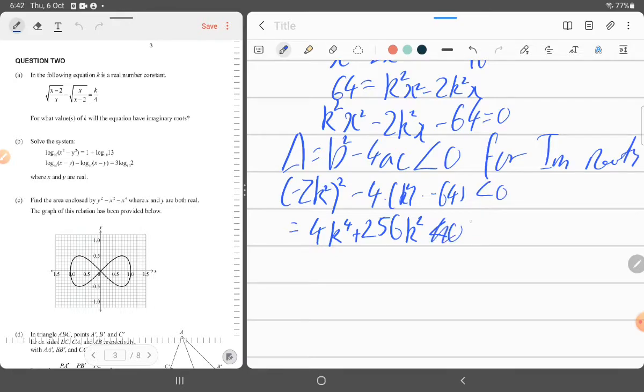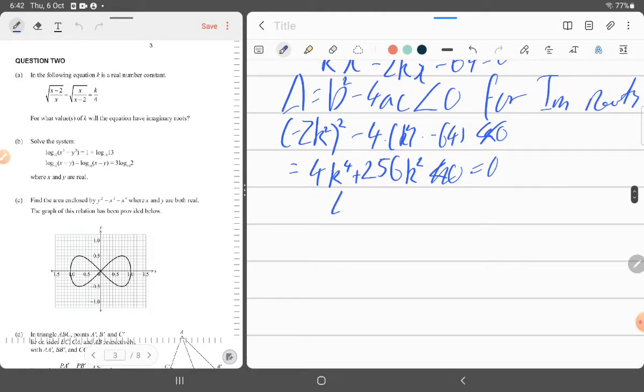No, actually, let me just equate it to 0. That's much easier for me to work with. 4k squared plus 256 is 0. K squared, is that 64? I think so. 256 divided by 4 is 64, yeah. K squared plus 64 is equal to 0. K squared is equal to negative 64.